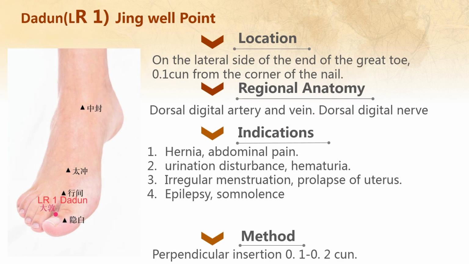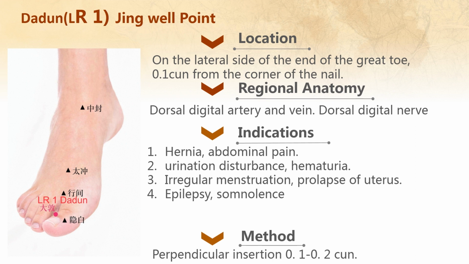This slide shows the acupoint Dadun LR1. Its location is on the lateral side of the end of the great toe, 0.1 cun from the corner of the nail. Its regional anatomy is the dorsal digital artery and vein, and the dorsal digital nerve.